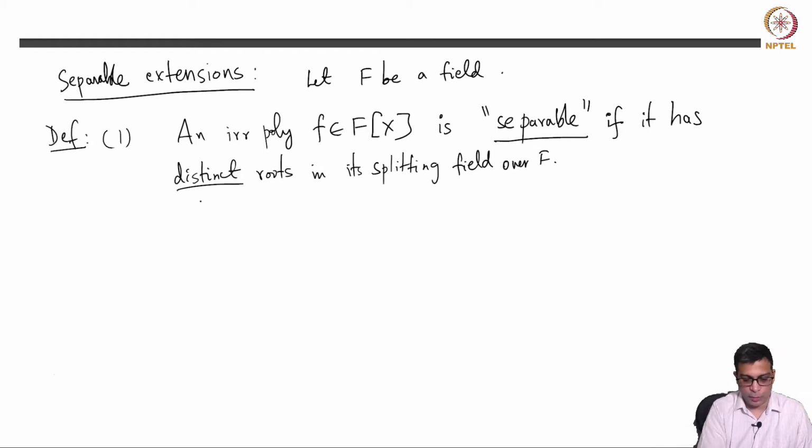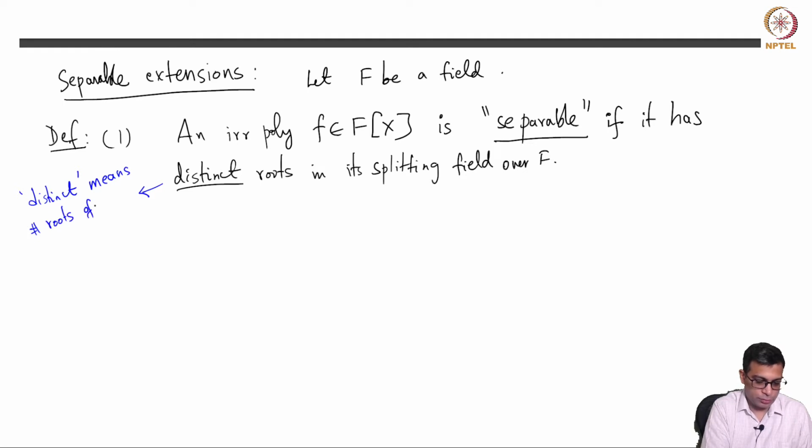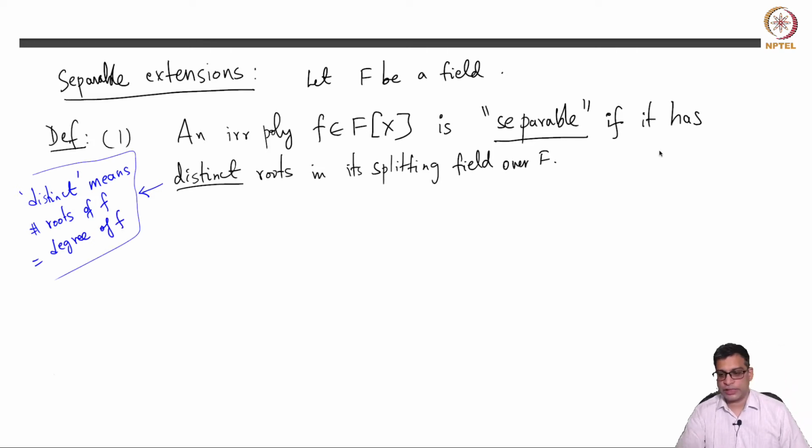Just a remark about what distinct means. So distinct means as many roots as its degree. Number of roots of f equals the degree of f. So I'll do a few examples later on, but this is a very common phenomenon.